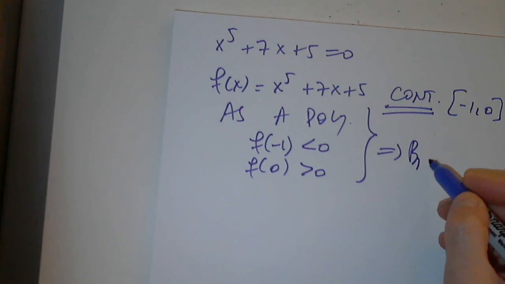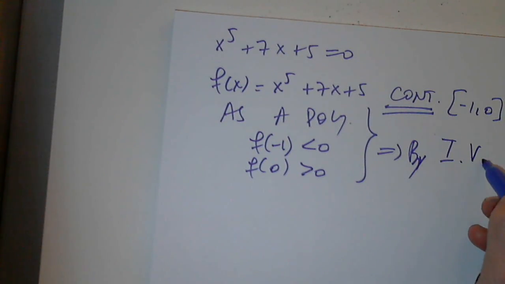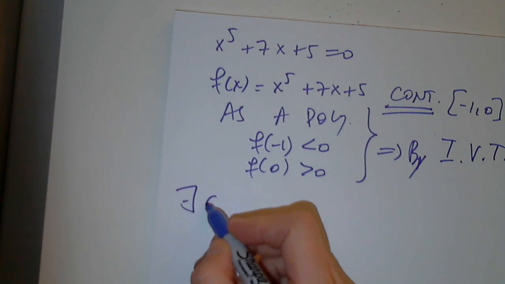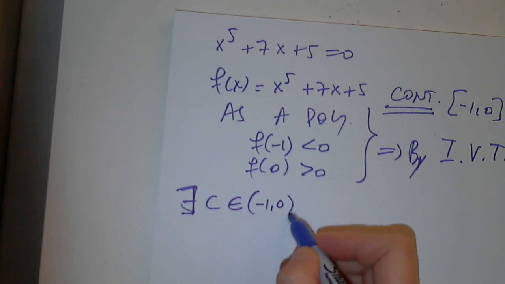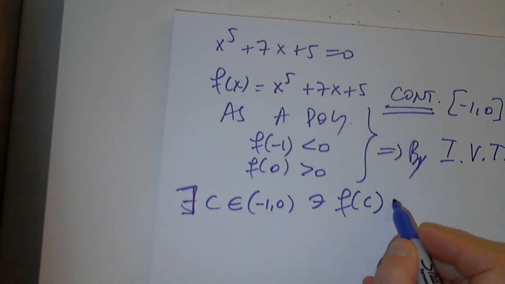By IVT, there exists a c in the open interval -1, 0 such that f of c must be 0.